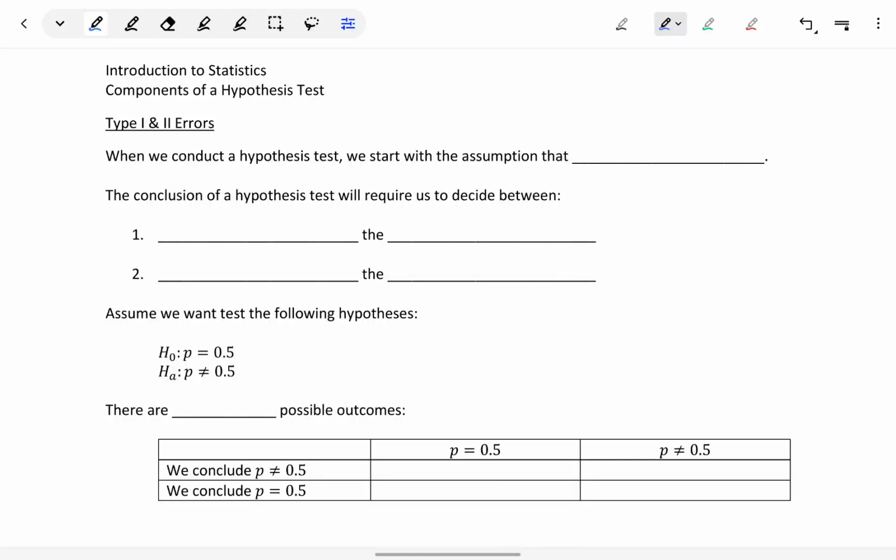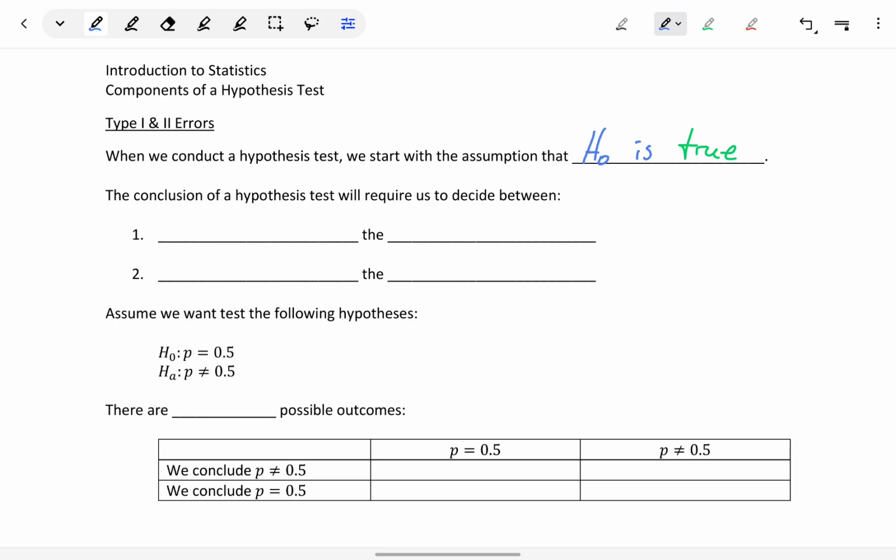Whenever we conduct a hypothesis test, we start with the assumption that H sub 0, H naught, is true. The null hypothesis is a true statement. That's our starting assumption.